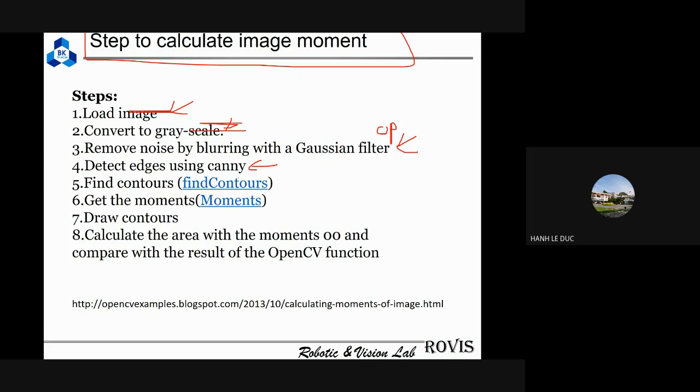And then you have to use the find contour function. And then you use the moments function. And then you can draw the contour. And then you can calculate the area and the angle.